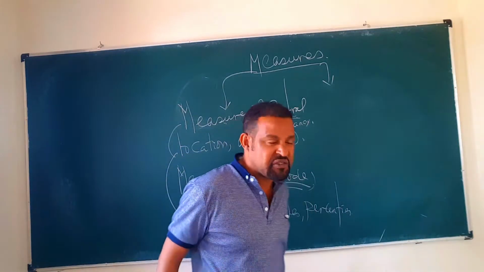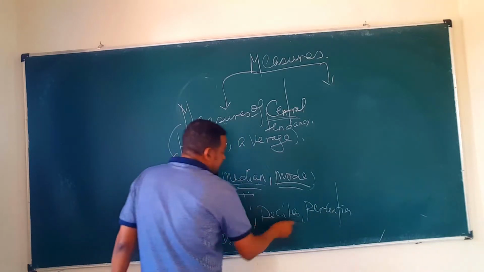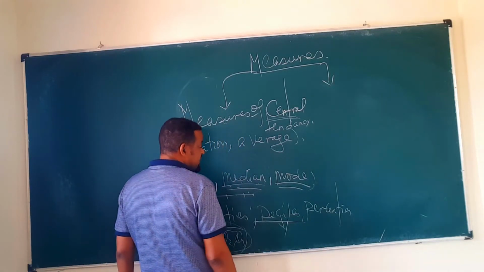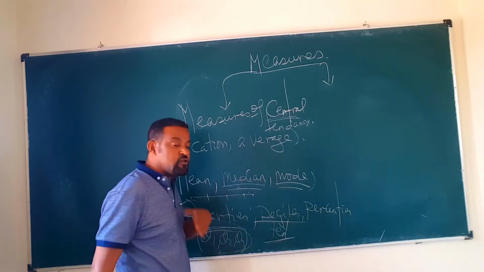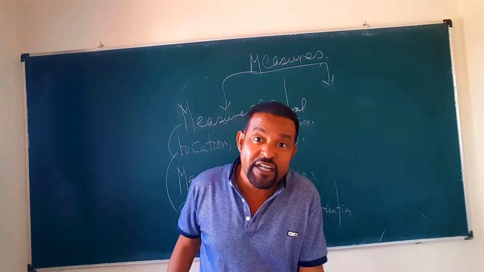a kind of summarization or conclusion will be taken. Deciles are those values dividing the given data into 10 equal parts, D1 to D9.